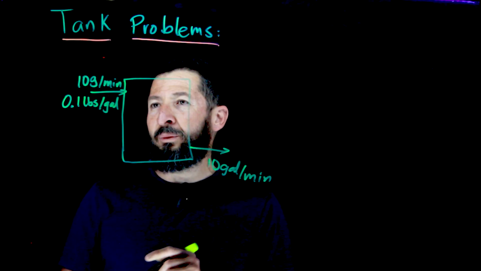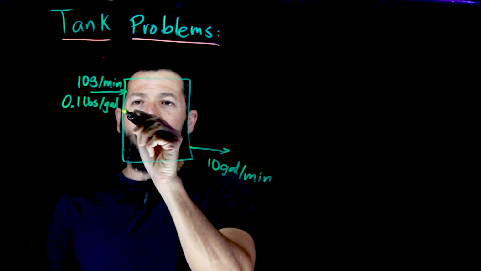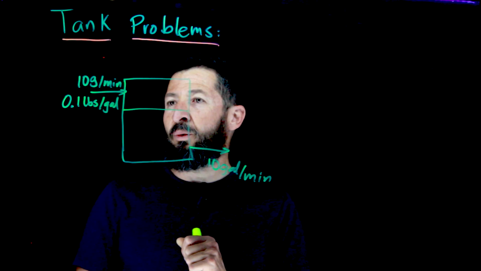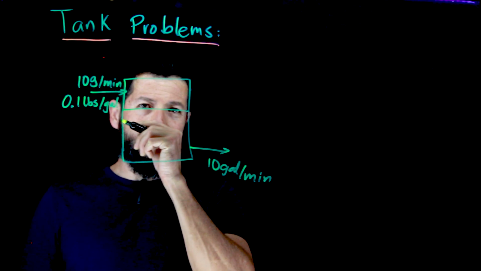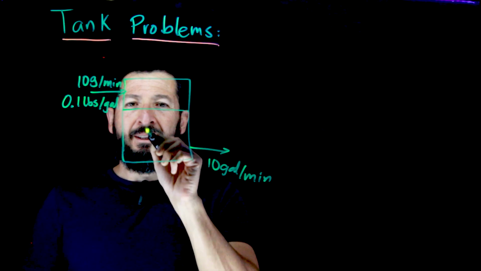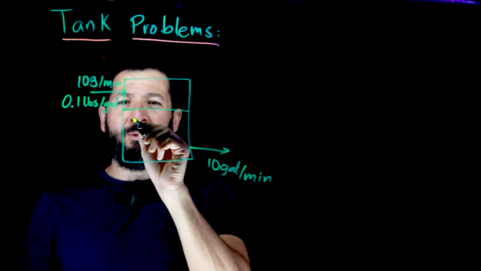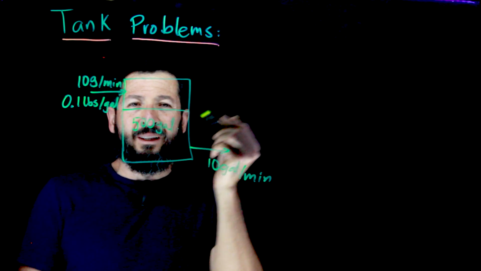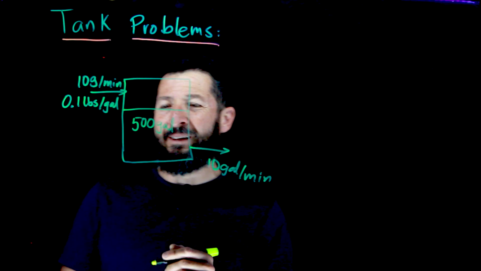And so here we will have to find out the concentration going out. So let's say that we also have an initial volume in this tank of, let's say, 100 gallons or 500 gallons. Why not? We're making numbers up, so why not? Go big.